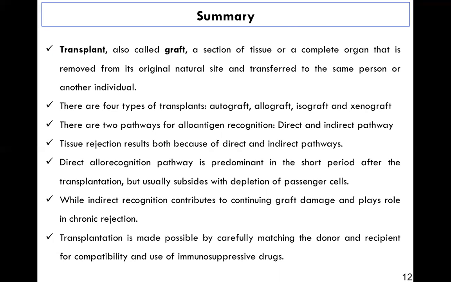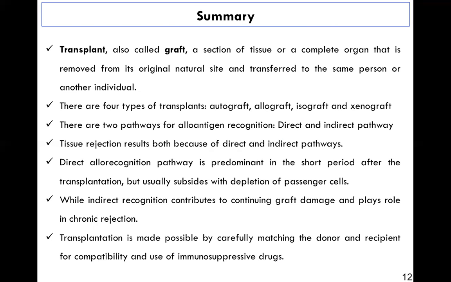Indirect recognition contributes to continuous graft damage and plays a role in chronic rejection. If you remember, I told you we have 4 kinds of rejection: hyperacute, acute, chronic, and graft-versus-host disease.